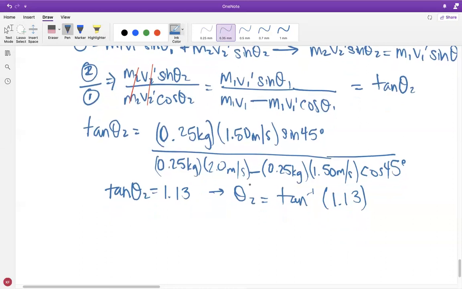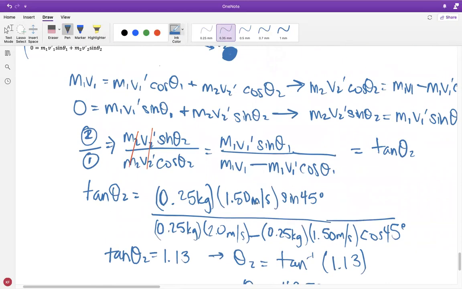That gives me that theta 2 is about 48.5 degrees. So that's the angle at which my second mass is going to be traveling. But now we also want to know that velocity.